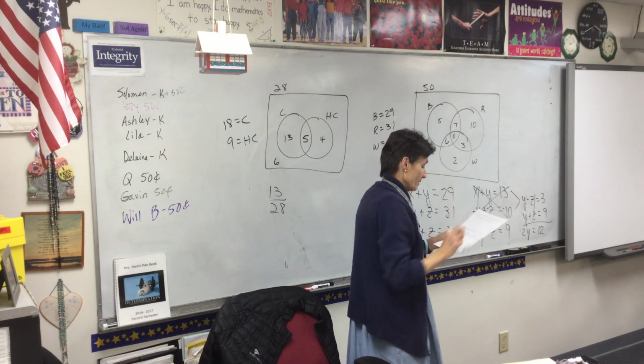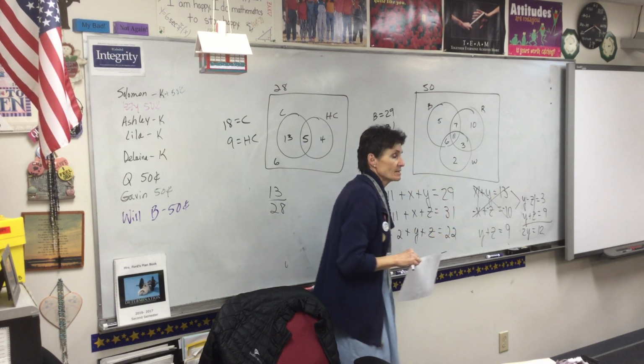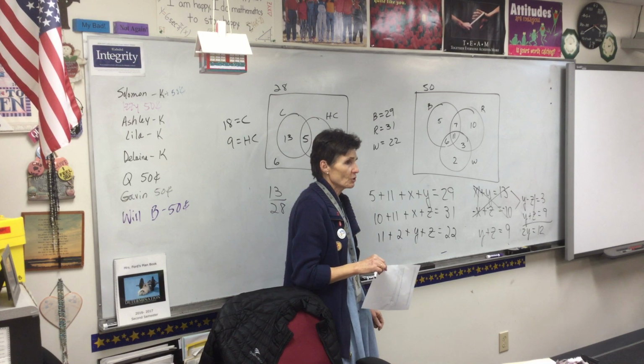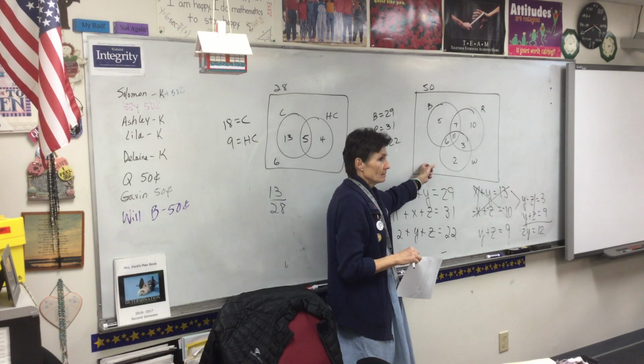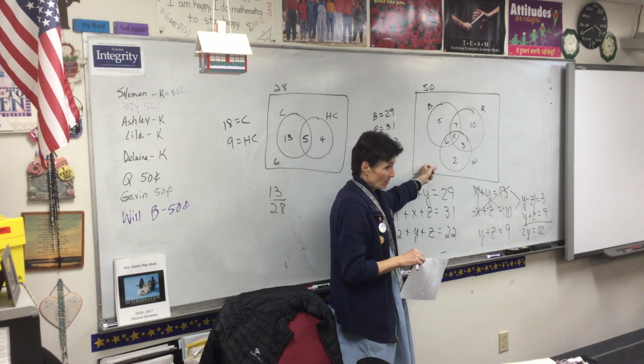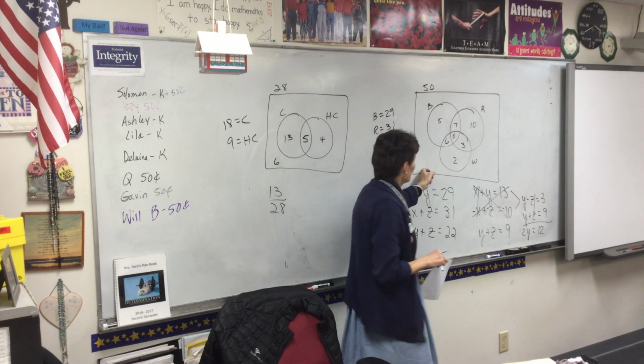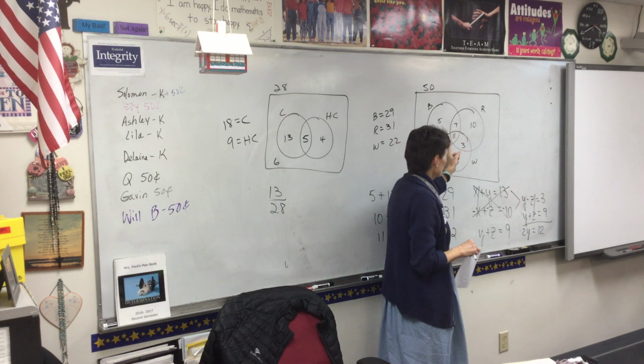If I pick one, what's the probability he doesn't drink Gatorade? Well, wait a minute. Where are the people that don't drink Gatorade? They're out here. We've got to figure out if there are other people out there. How do we figure that out? We've got to add up all these numbers.